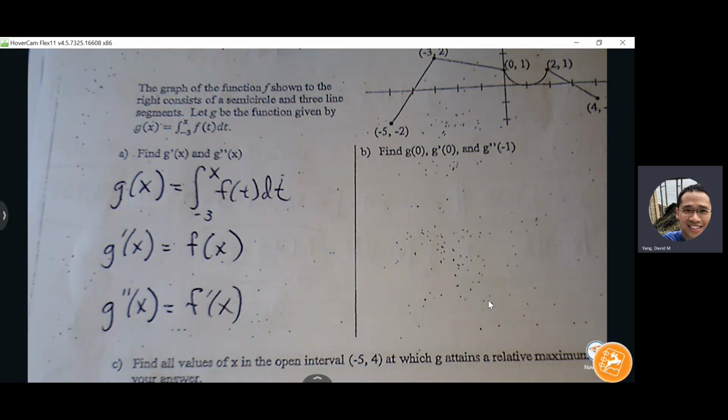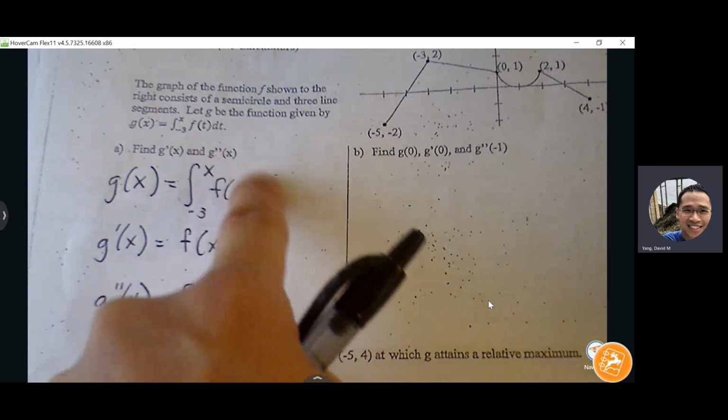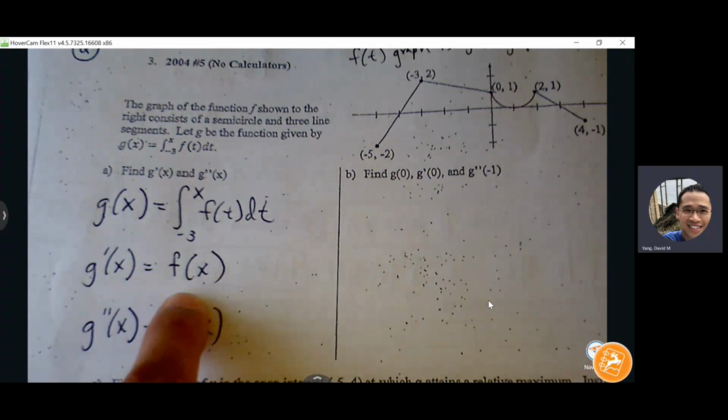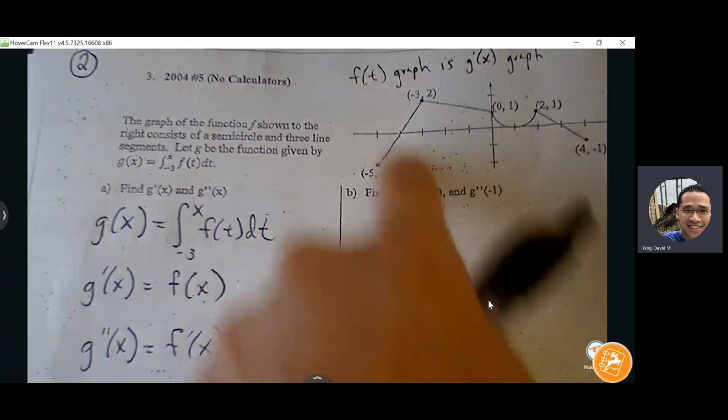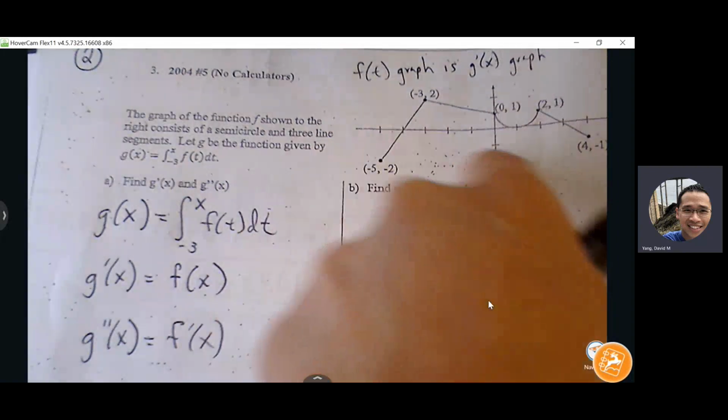If I want to find anything involving g, I have to pull the area under the f graph. Anytime I'm looking for a g prime value, I'll be looking at this f graph. And anytime I'm looking for a g double prime, I have to think of this as the slope.